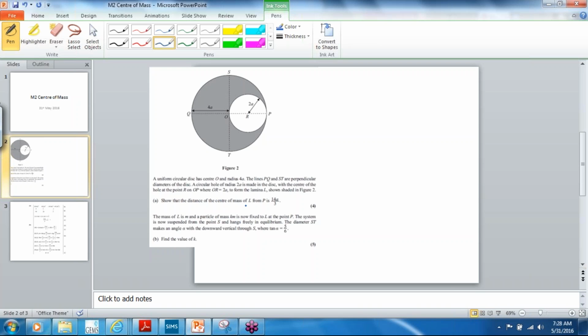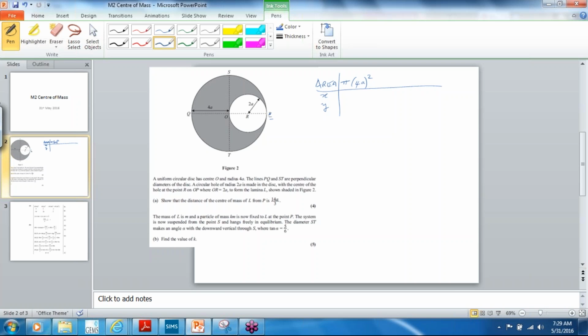Show that the distance of the centre of mass of our lamina L from P is 14a over 3. So we want the centre of mass from P. Okay, so let's have a look at using the area, and let's work from P. So we've got the area and we've got the x and y coordinates from P. Now the area of our large circle is pi r squared, so we'll go pi (4a) squared.